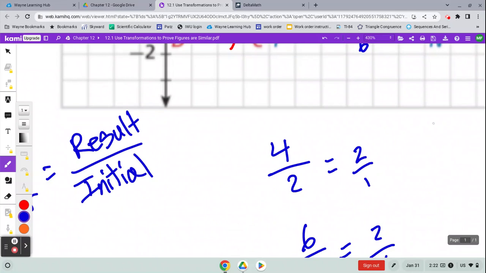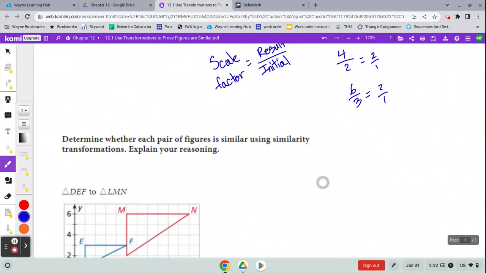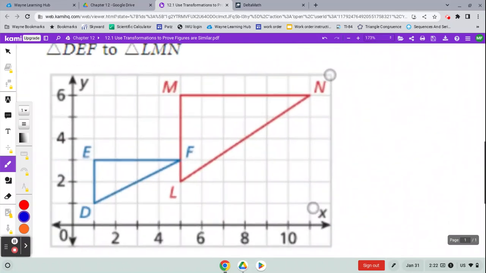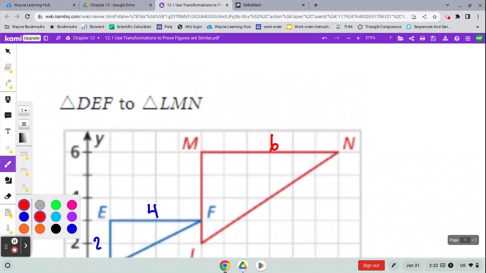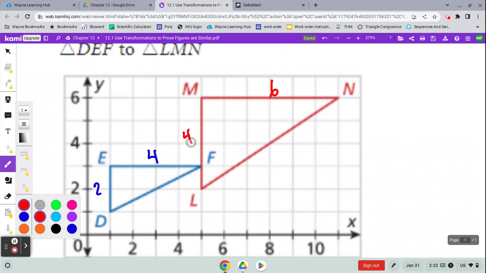Now, if we look at this bottom one, are we able to show that these are similar? Let's check once again. So E to D, that's going to be 2. E to F, 1, 2, 3, 4. We can find D to F, but we'll deal with that later. Now for M to N, 1, 2, 3, 4, 5, 6. From L to M, that is 4.